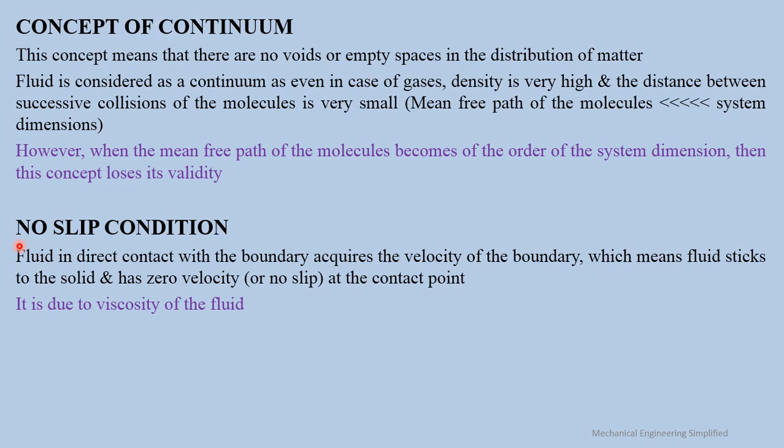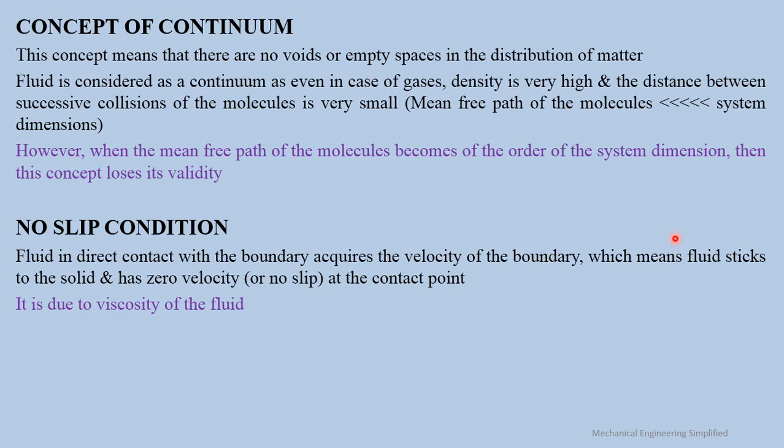Then another major condition which is very frequently used in fluid mechanics is the no slip condition. What is it? Fluid in direct contact with the boundary acquires the velocity of the boundary, which means the fluid sticks to the solid and has zero velocity, or no slip, at the contact point. But this zero velocity is not always there; it means the fluid acquires the velocity of the boundary.